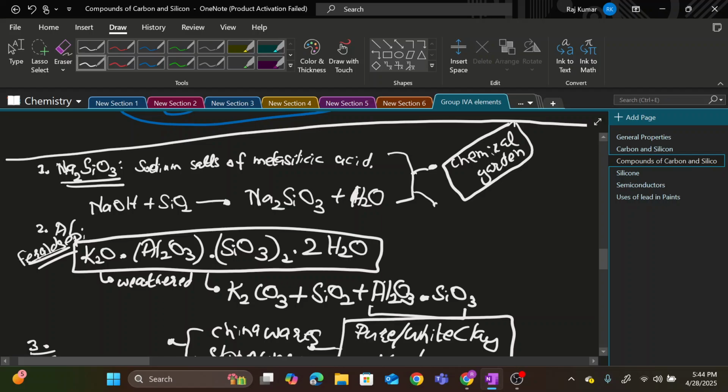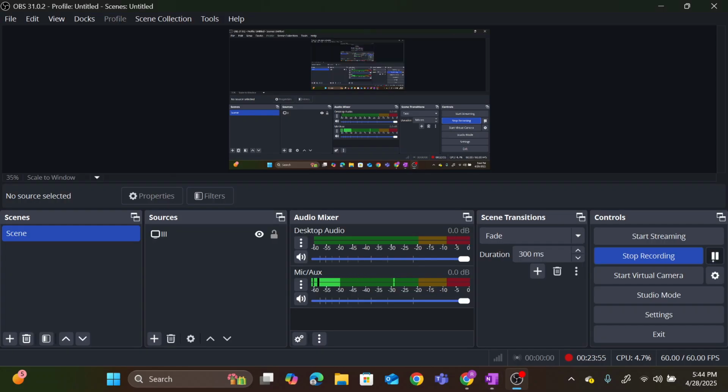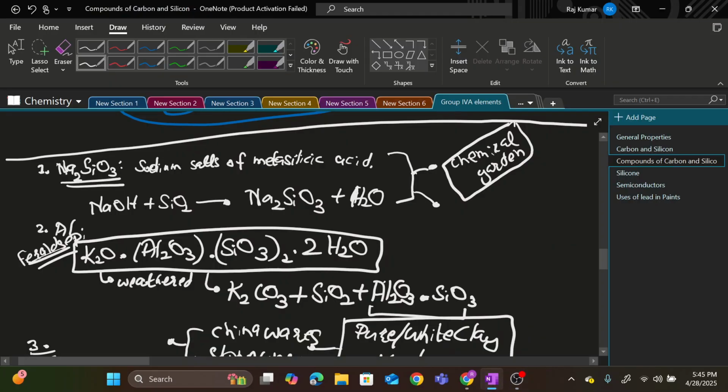And another important thing is it is also known as water glass or soluble glass.